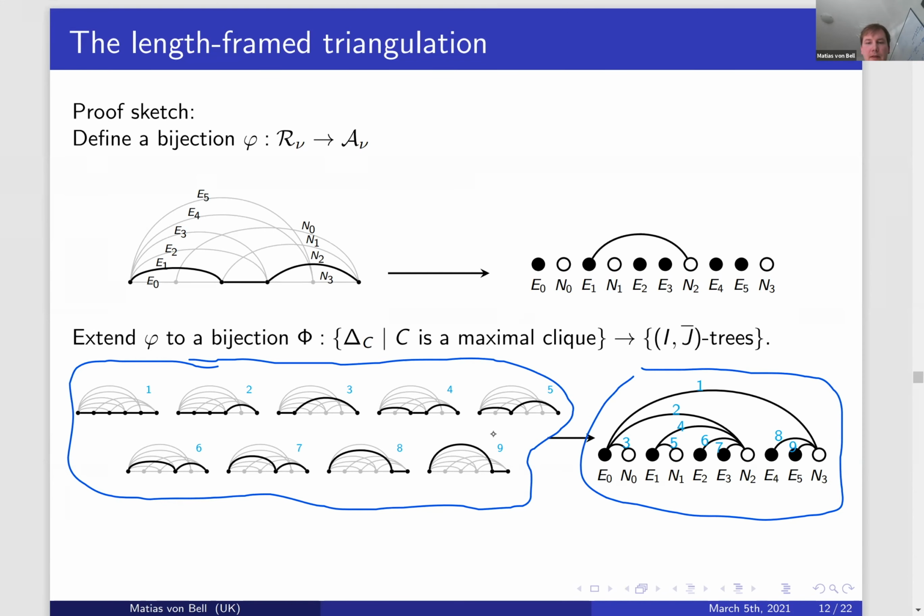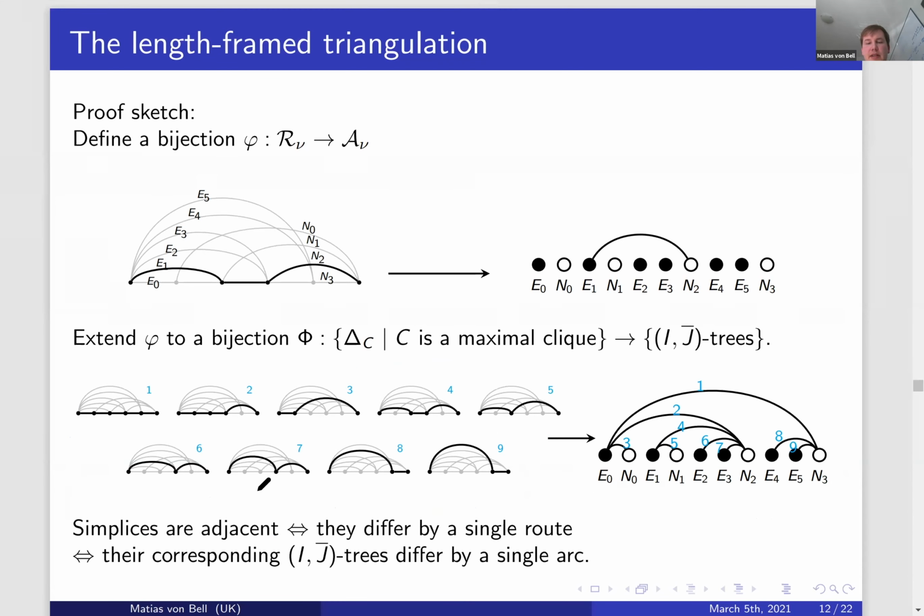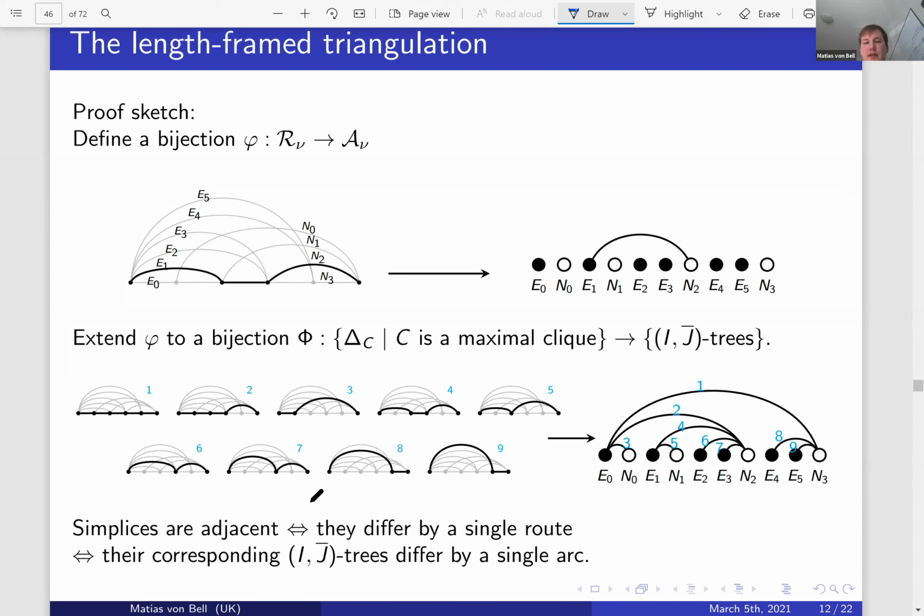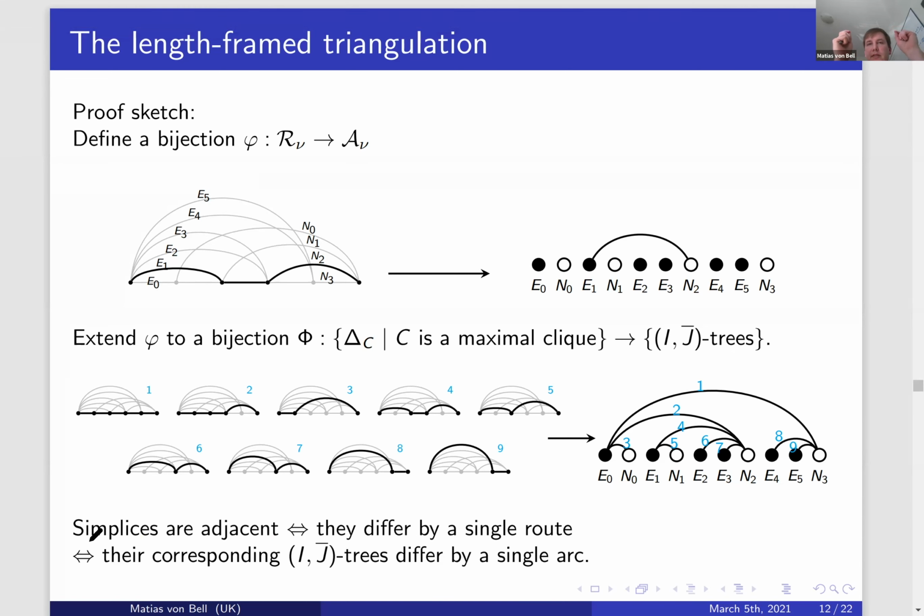All right, with this bijection it becomes pretty easy to show the dual structure, because the combinatorics of a simplex is fully captured in the IJ tree, with all the arcs corresponding to the vertices. Two simplices in a triangulation are adjacent if they differ by a single vertex, or a route in our case.